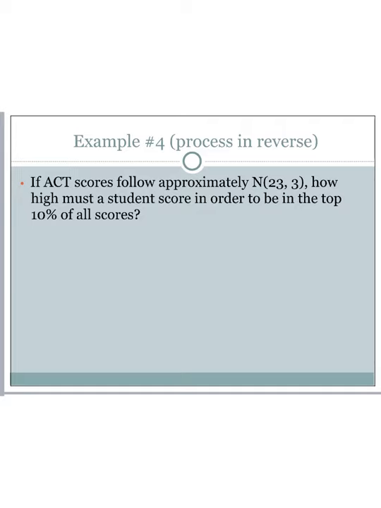If I'm in the top 10% of ACTs, and the ACTs follow a normal model with a mean of 23 and a sigma of 3, that's what that notation suggests. So now I'm in the top 10%. That just means this is 0.10 and this is 0.90. We are trying to solve for the z that goes there and ultimately the x that goes there.